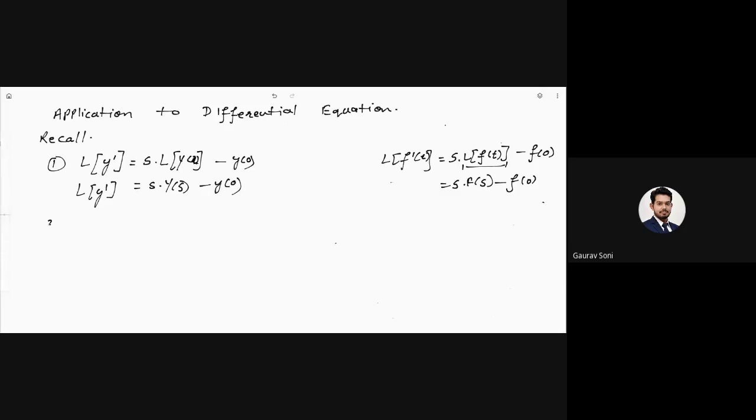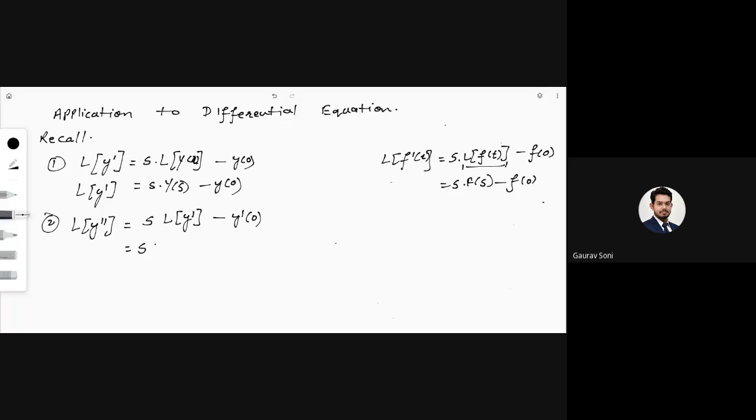In the same manner, I can find the Laplace of y double dash as s times Laplace of y dash minus y dash at 0.